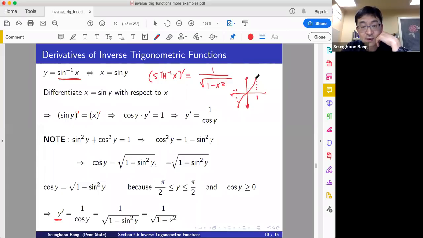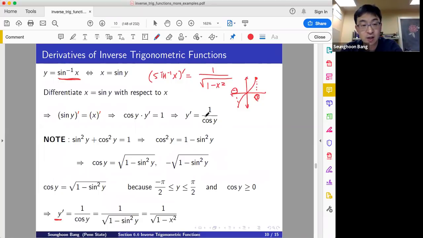So we don't have any derivative at the endpoints, 1 and minus 1. What does it mean? In this case, you have to exclude cosine of y is 0. Always find the minus infinity, positive infinity. It's a good comment. Always don't think about cosine y equal to 0 because you always exclude endpoints from the domain.